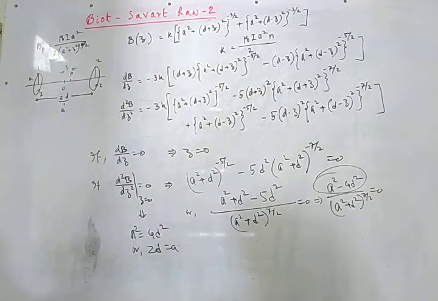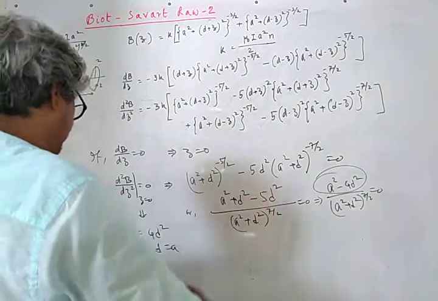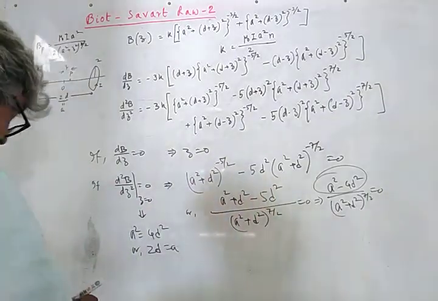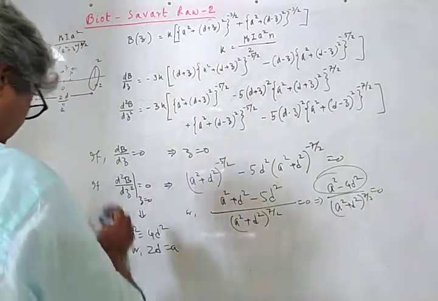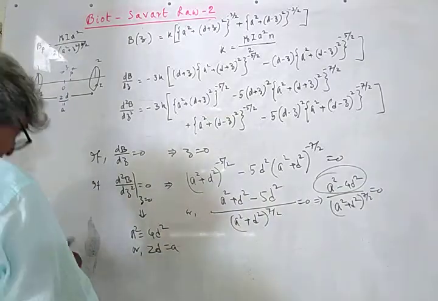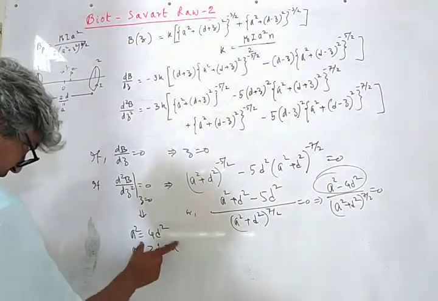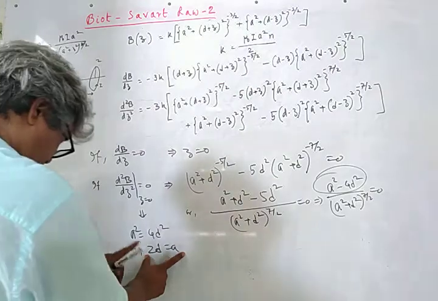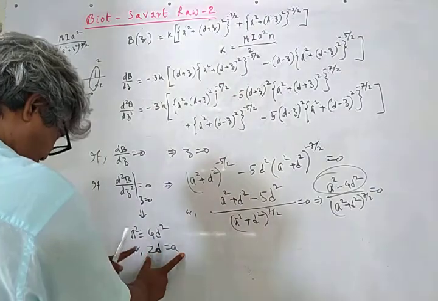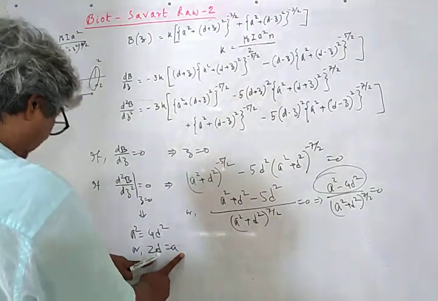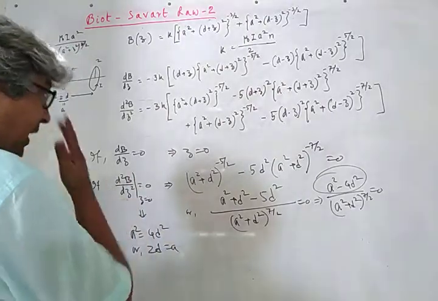Then the second derivative of the field will also be 0. If we go on calculating the third derivative, it is found that with z equal to 0 and a equal to 2d, the third derivative also vanishes.